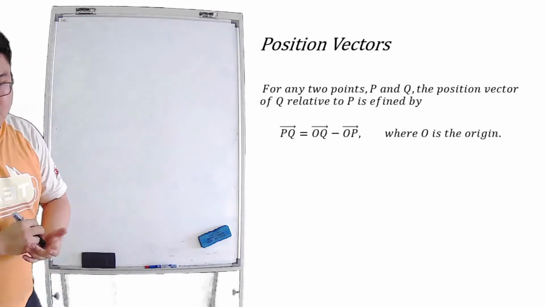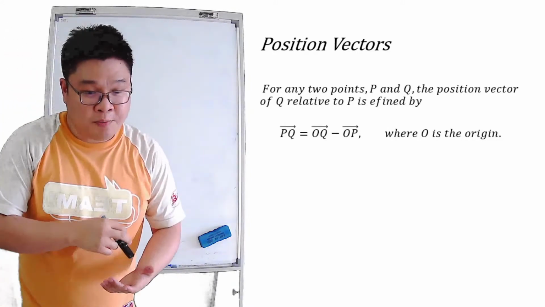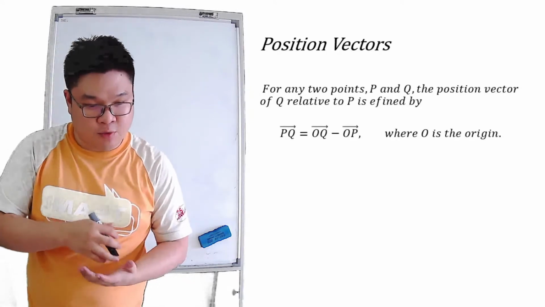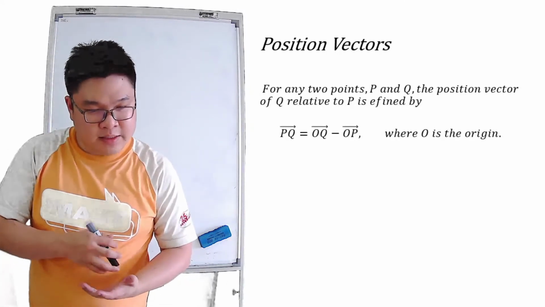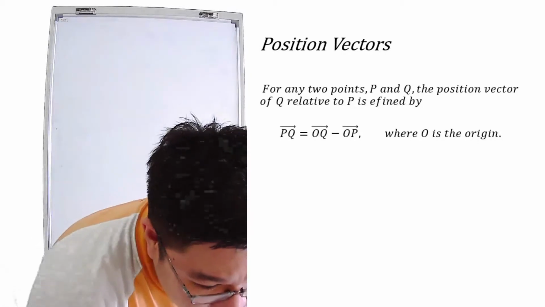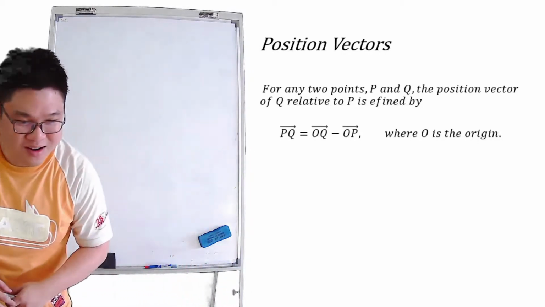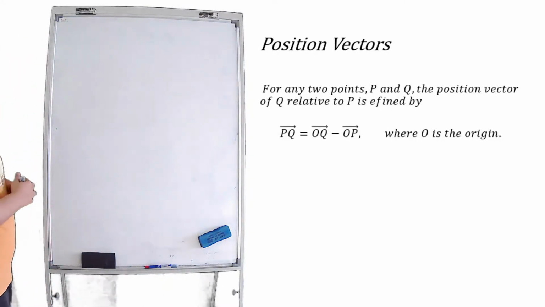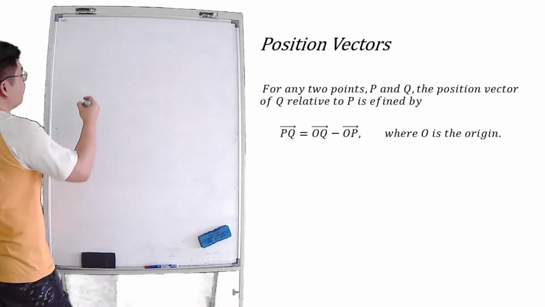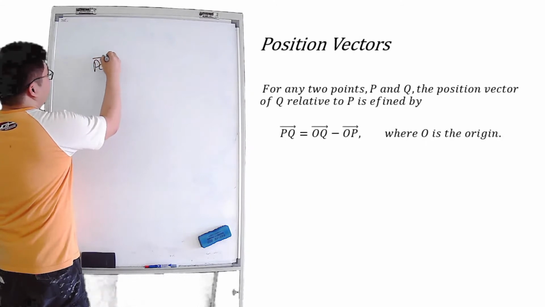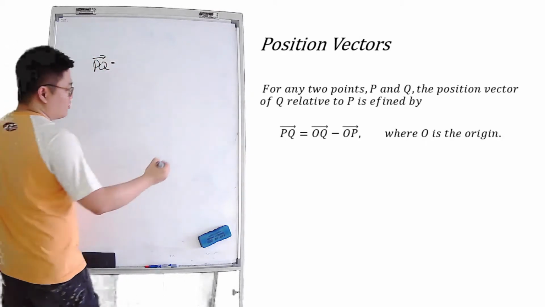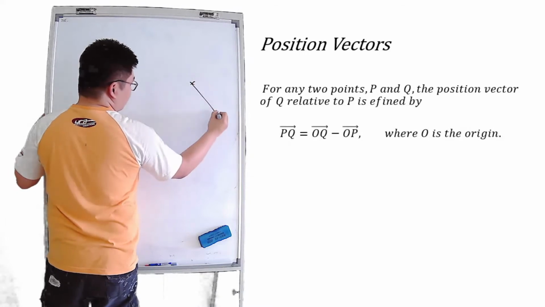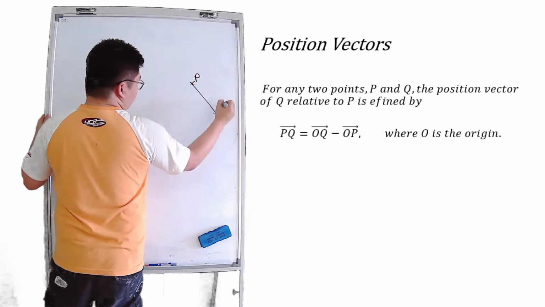For any two points P and Q, the position of Q relative to P is defined by PQ equals OQ minus OP, where O is the origin. Like what we learned previously, PQ.